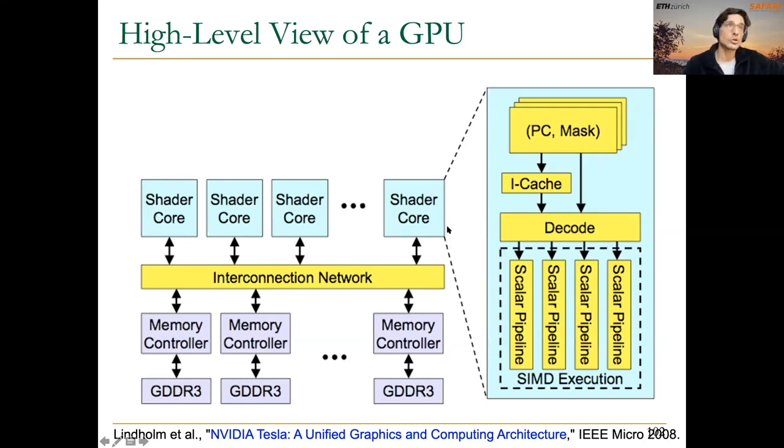If you look closer at this shader core, you will identify multiple program counters for the different warps, and masks as well, because this is a SIMD machine, so we need a register mask. Here we have the instruction cache, decode, and the scalar pipeline, which are the functional units or lanes that execute the instructions for each of the data elements.